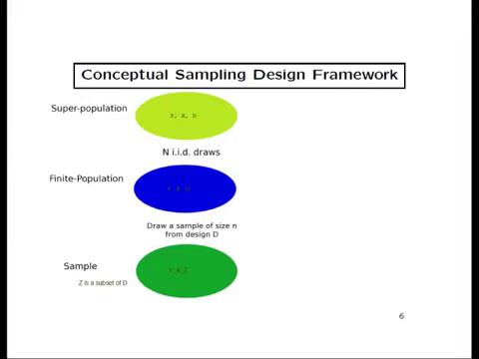Question of clarification. It looks like the design is some kind of function of the superpopulation, a part of the superpopulation? Yes. And that's not necessarily the same design from going from the finite population to the sample?